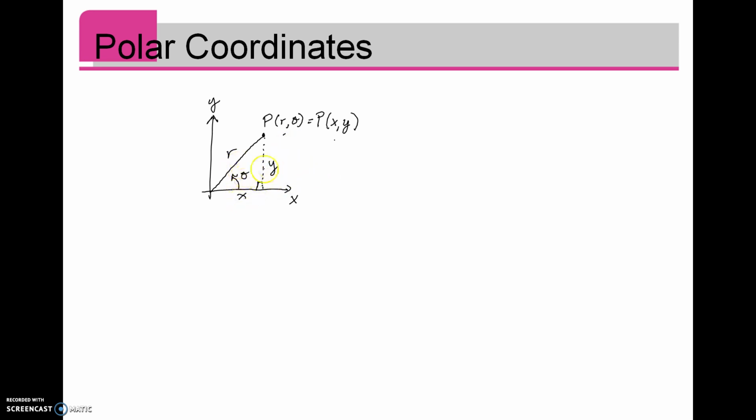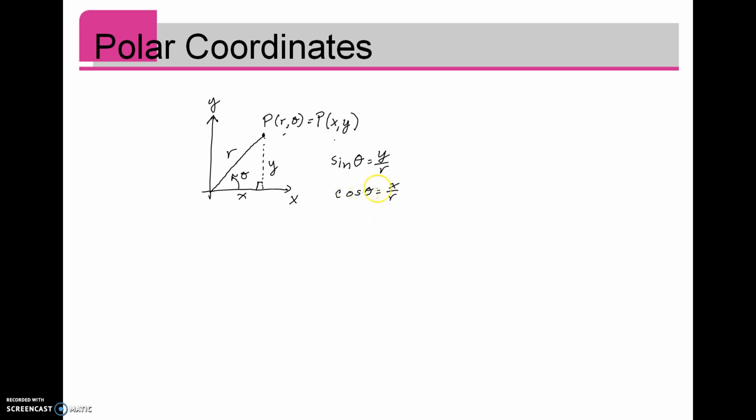So we need the connection between x, y, and theta and r. We're just going to use basic trig. We know that sine theta is just going to be y over r, so there's our connection. And then cosine theta is x over r.